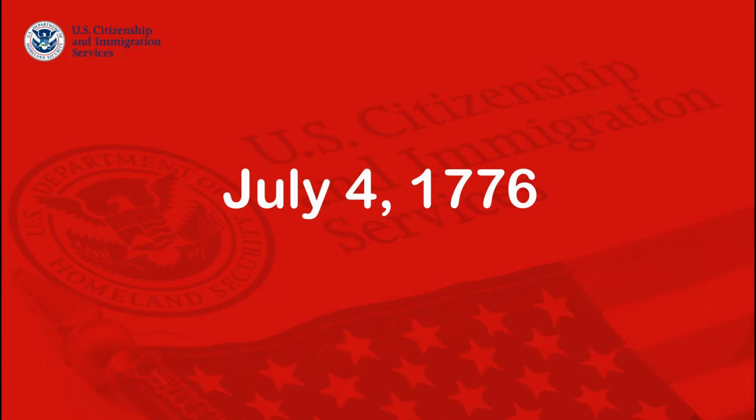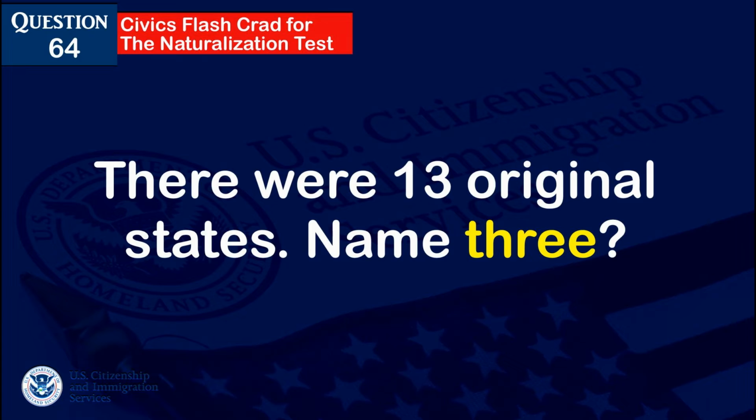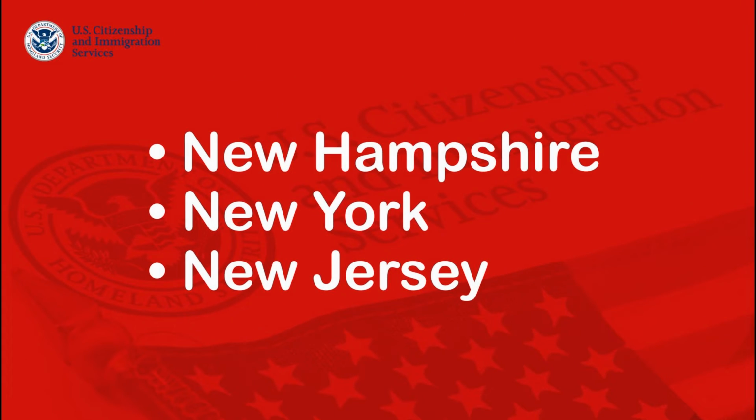July 4th, 1776. There were 13 original states. Name 3. New Hampshire. New York. New Jersey.